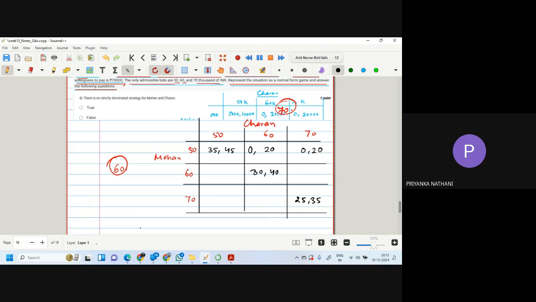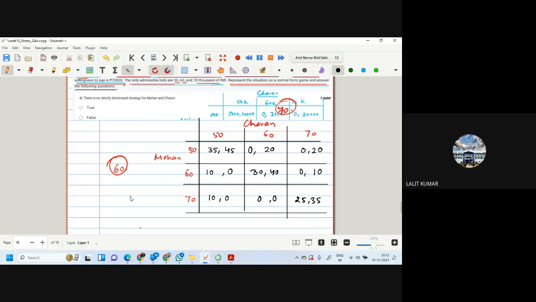In this case Mohan is zero and he pays 50, so Charan's benefit is 10. Here also 10. Then 60, 70: he pays 60, 70 minus 60 is 10. Here his is 0. He will pay 60, 60 minus 60 is 0. So this is your normal form.